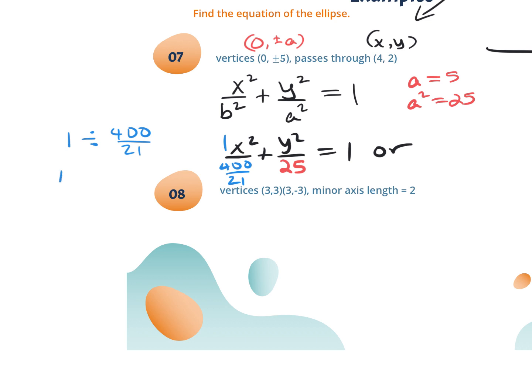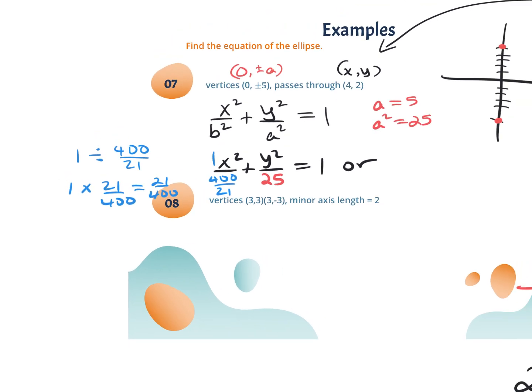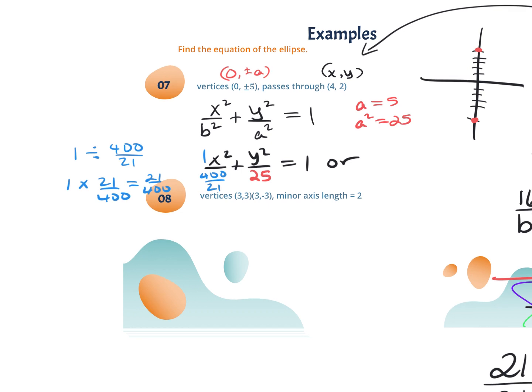This is keep, change, flip. So then really what it becomes is 21 over 400.